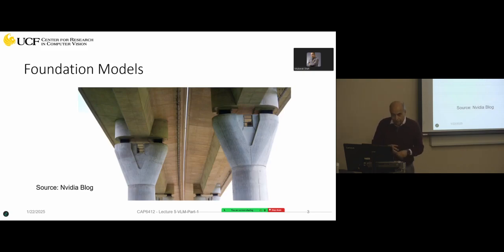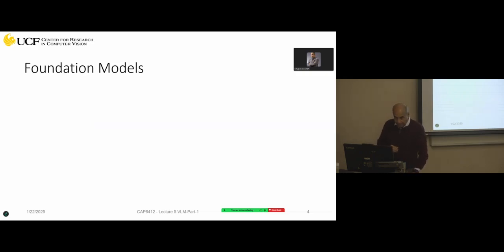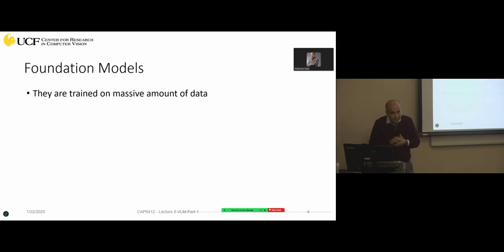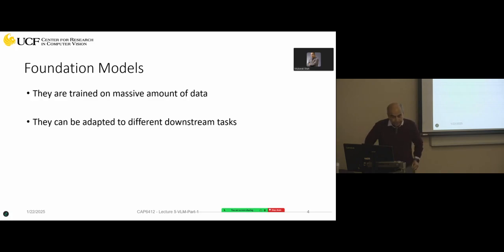Now these models are also called foundation models, right? So there's a bridge, and there are these foundation models. This picture is from NVIDIA. I mean, there isn't a precise definition of a foundation model. It's a pretty loaded word, and people have different meanings. But in general, foundation models are trained on a massive amount of data, and they can be adapted to different downstream tasks.